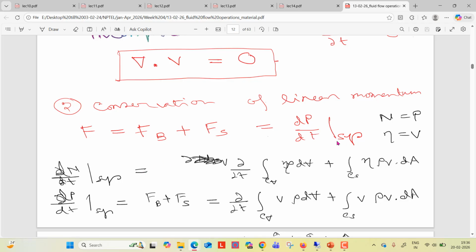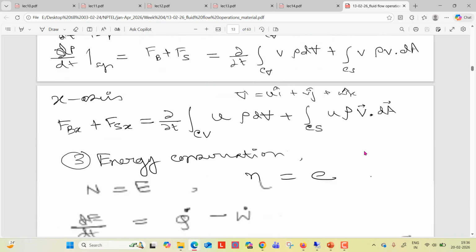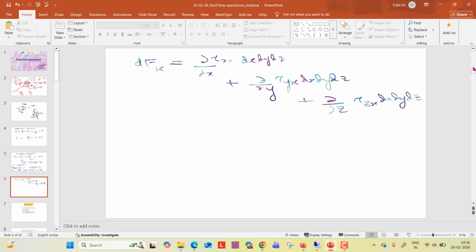We have the components of the body force fb and the surface force fs, and now we are just summing them up. So what does it come to? From fb, the bulk force is rho dx dy dz into apx.